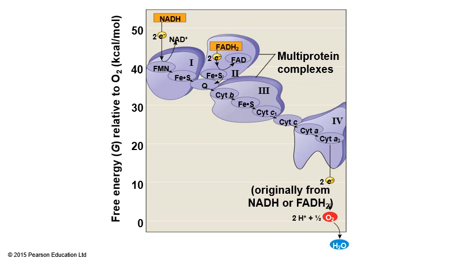They drop electrons to O2, because O2 is one of the strongest electron acceptors, pulling the electrons down to its side.